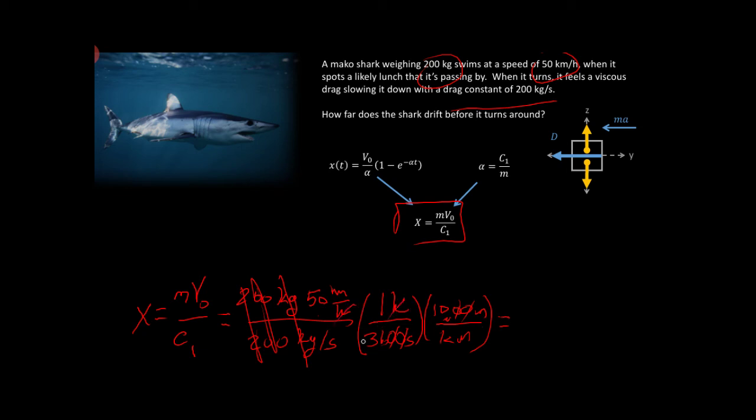Hours cancel, seconds cancel, kilometers cancel, meters. So 500 divided by 36 meters. And so that is 1, right? So 500 minus 360, that leaves me with 140.